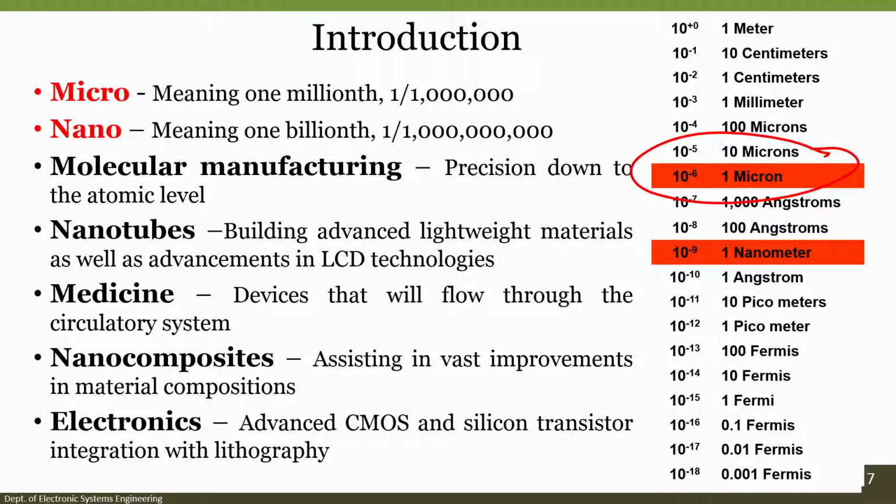What are the uses? Several applications: molecular manufacturing, nanotubes which can be used for building advanced lightweight materials, as well as advancements in LCD technologies, several applications in the area of medicine, nanocomposites, electronics.